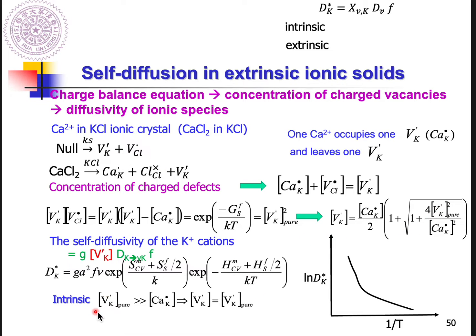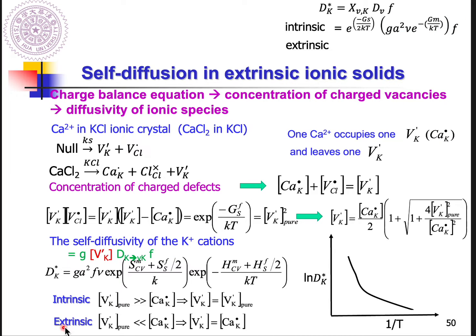Okay, but the other case would be where this one is much smaller. Okay, so as long as you got this one, you can substitute this one, then you can get the diffusivity of potassium under the intrinsic material property, which can be expressed like Schottky defect formation energy times the dV times F. But the other case, some people call it the extrinsic case, would be where the VK prime before doping, the vacancy at the potassium side, is much smaller than the concentration or fraction of the dopant.